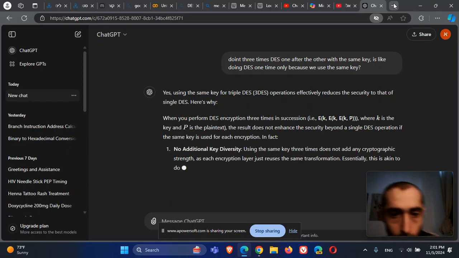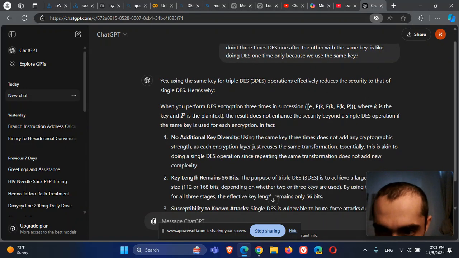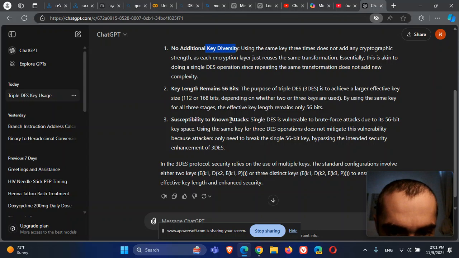Here is why. When you perform encryption 3 times in succession, where K is the key and P is the plaintext, the result does not enhance the security beyond a single DES operation if the same key is used for each operation. In fact, you do not gain key length by using the same key.